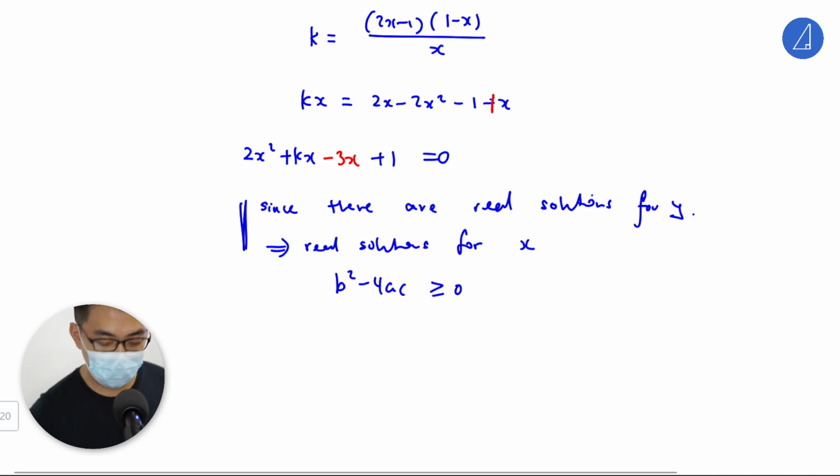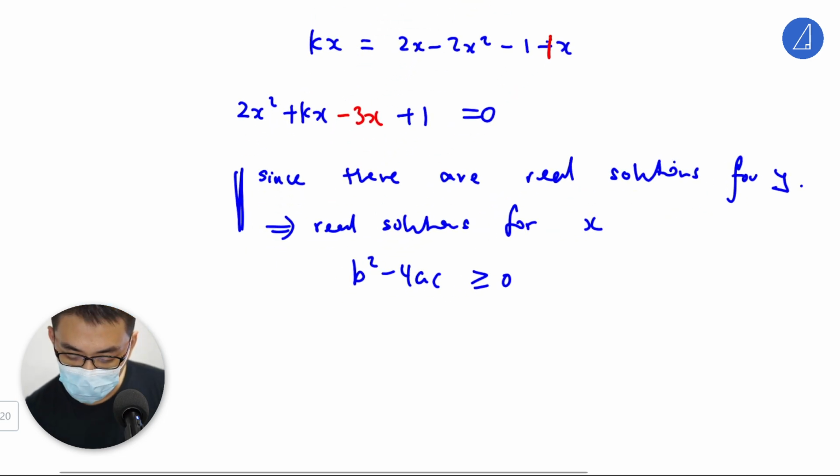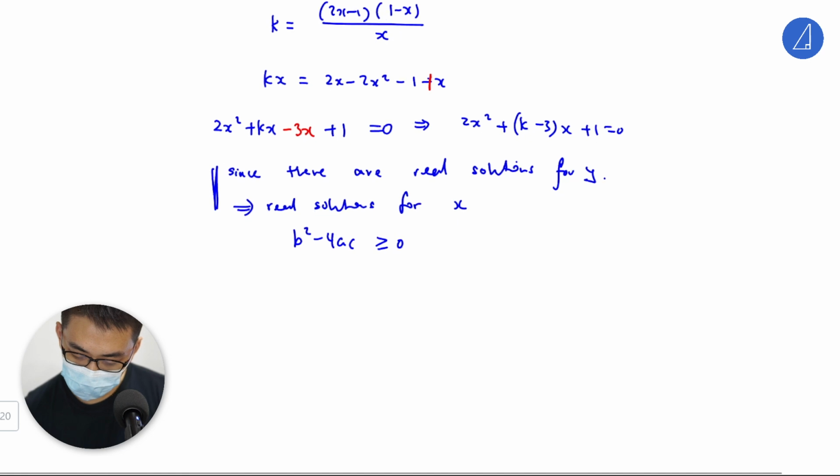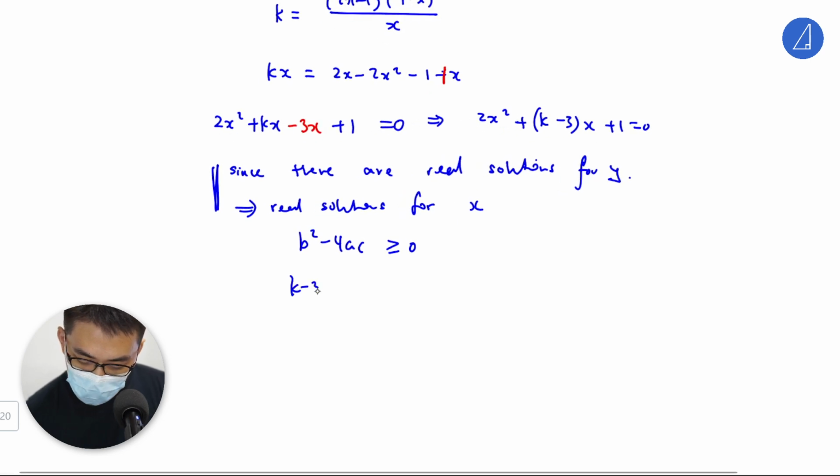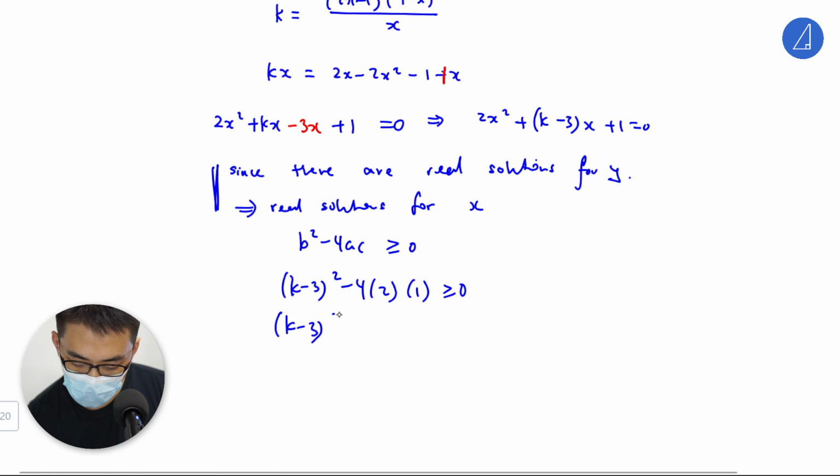Actually, this one you don't really need to write in an exam, but for your understanding, you just try and write it down. Then b squared minus 4ac: in this case, of course, 2x squared, minus 3 squared minus 4 times 2, at least 0. Then solve these inequalities. Am I right?